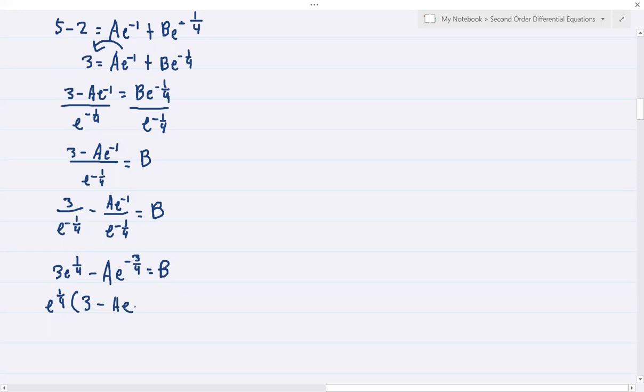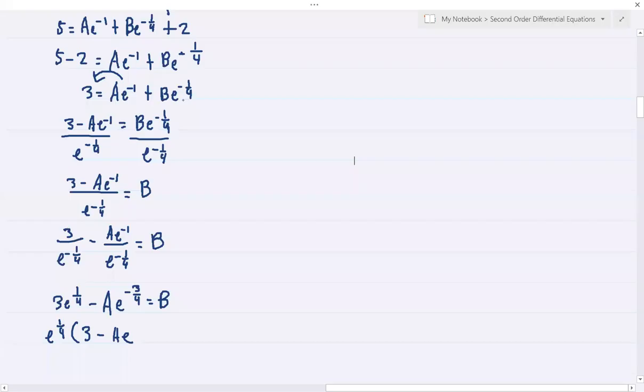This one, if I'm going to factor out, this would be 1, and this would be -1. There you go. Because if you're going to add 1/4 and -1, the result would be -3/4. So yeah, I'm correct. So this will be now your B.